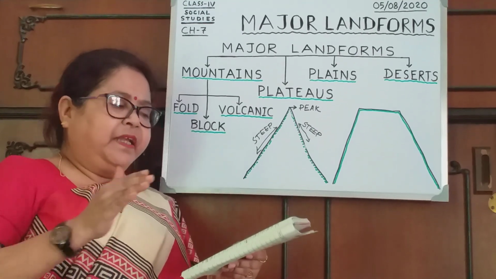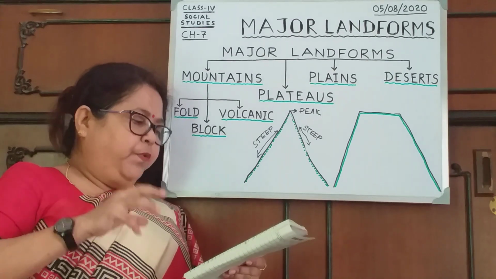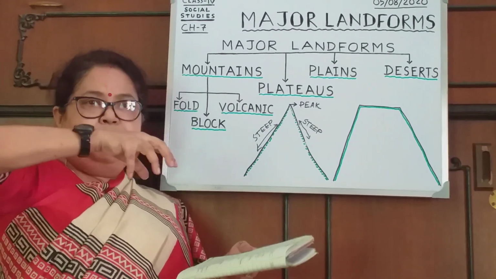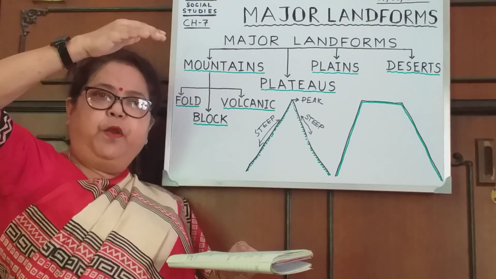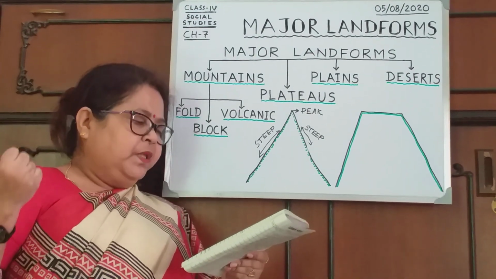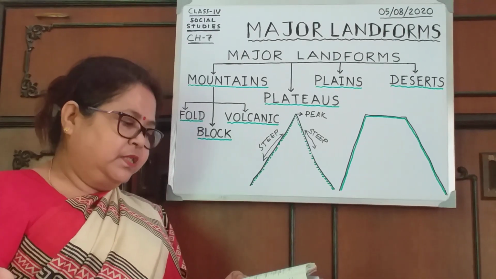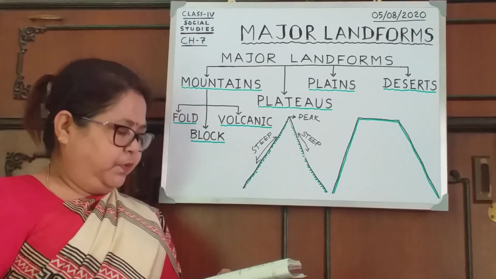These are formed when cracks in the earth's surface force some blocks of rock up and others down. In the middle, the rocks come upward forming blocks. Those are called block mountains. Examples: Satpura and Vindhya mountains in India, Vosges mountain in Europe.